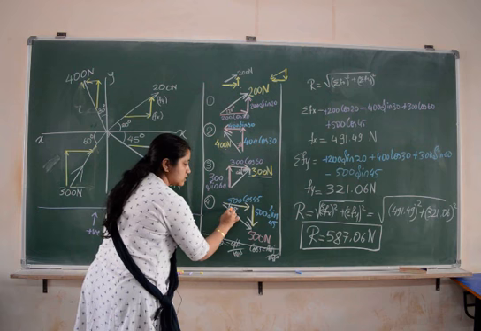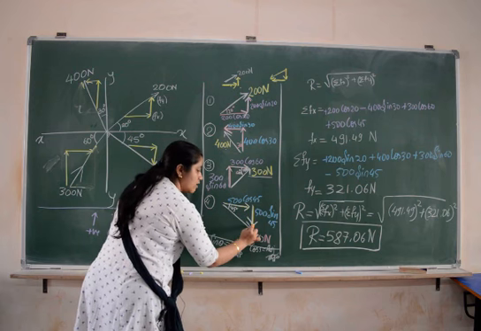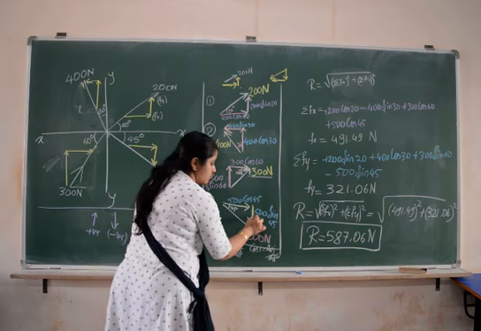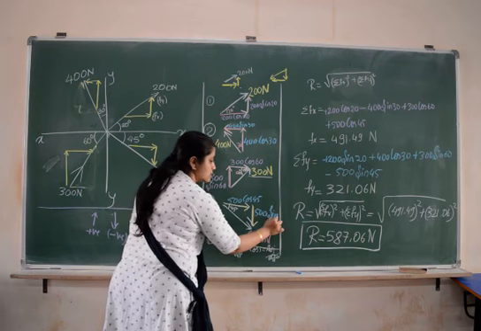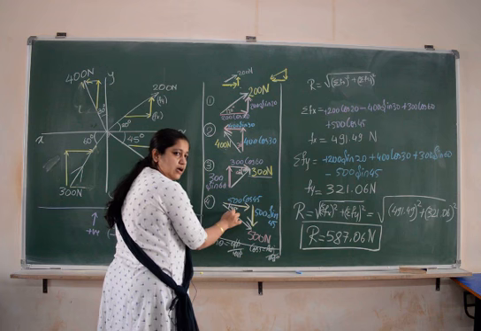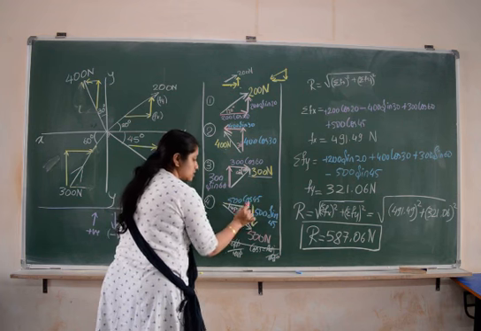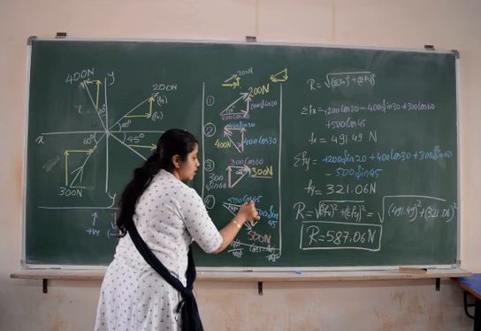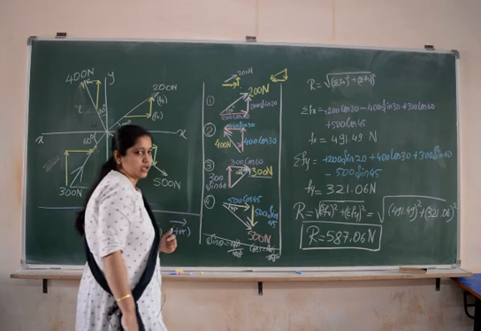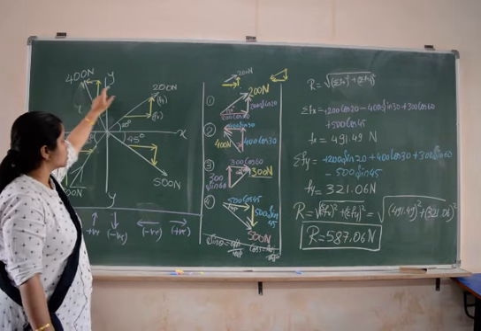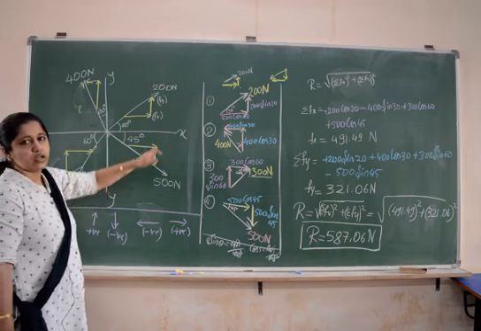Opposite to the angle, this is the component, 500 sine 45. Adjacent to the angle, it is cos. So, 500 cos 45.